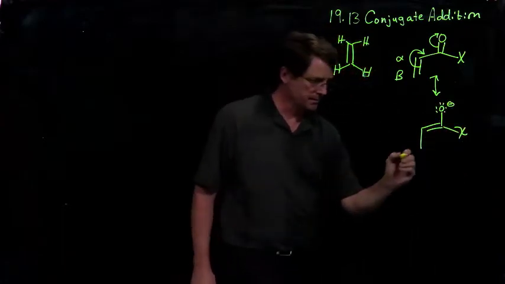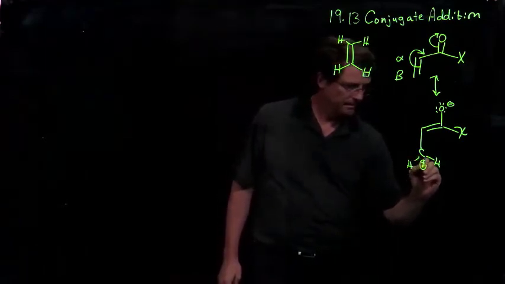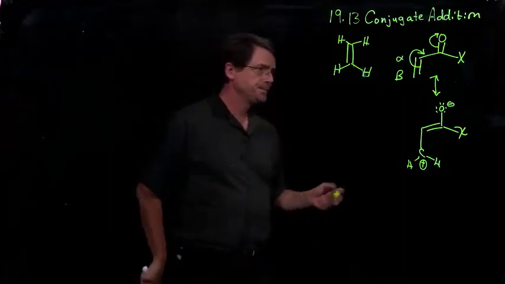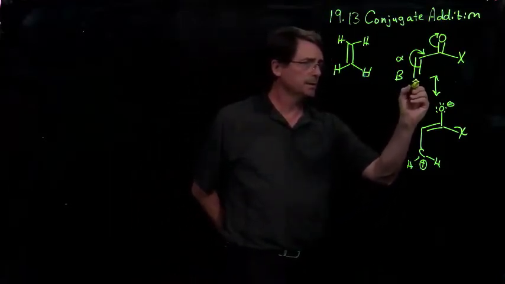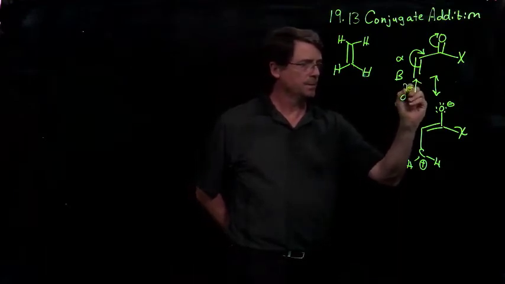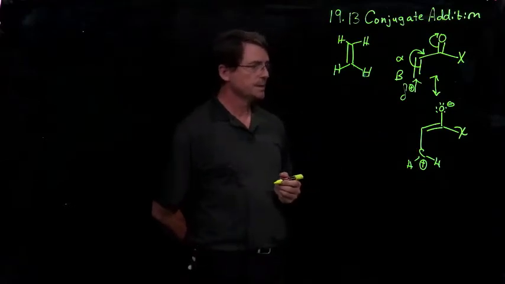now this is a resonance form that might have been similar to what we had drawn for a carbonyl. When we do that, we see that there's a change at the beta position. It's partially positive. Because of this resonance form, we can see that.